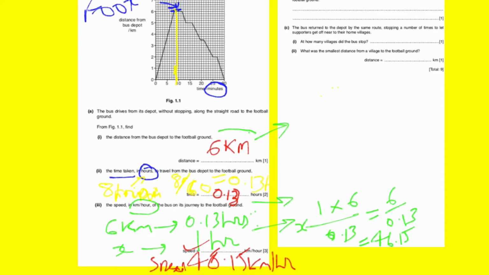Now we will do the next part of the question. They have asked to state how you can tell from Figure 1.1 that the bus traveled at a constant speed to the football ground. This is a very simple question. You can write that it is a straight line graph, or a constant speed graph, or the same distance covered every minute.